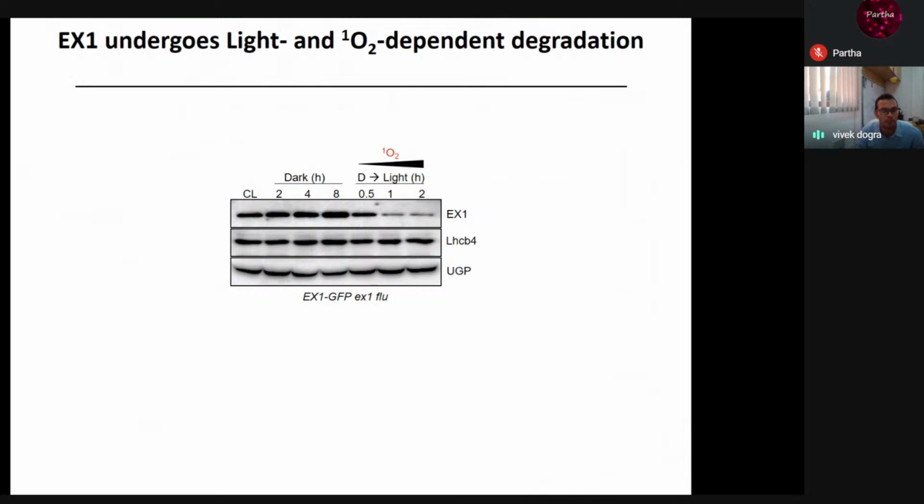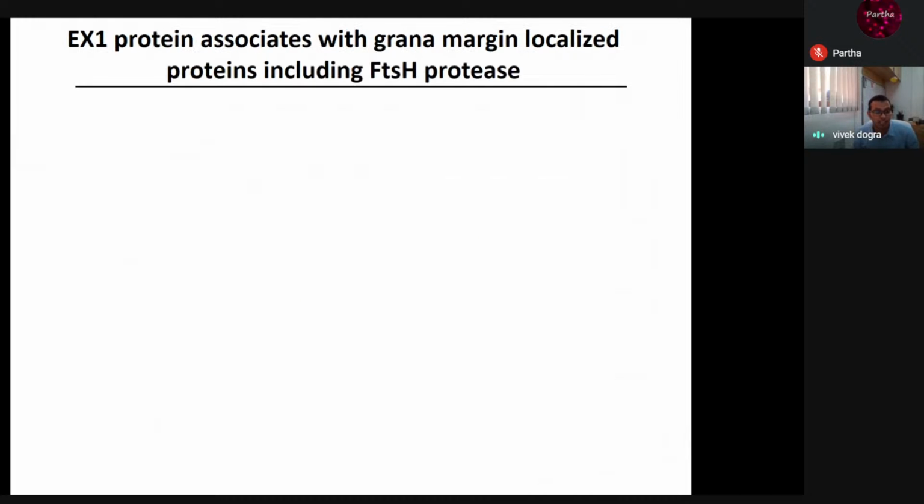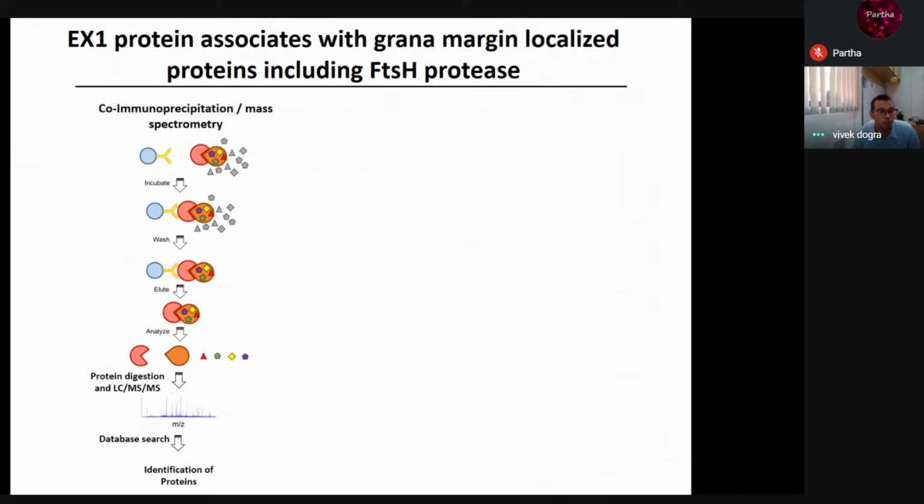So something is happening to this protein that is making it undergo degradation. To check how it happens, we did a pull down assay. If this protein is getting degraded, there should be some enzyme degrading it. So we tried to pull down its interactors and its associated complex.